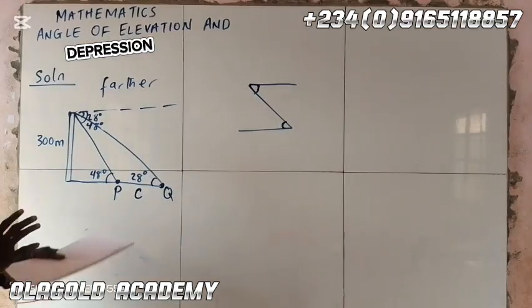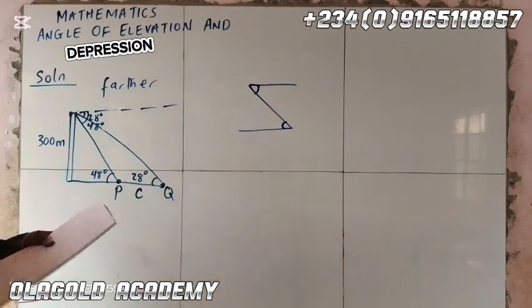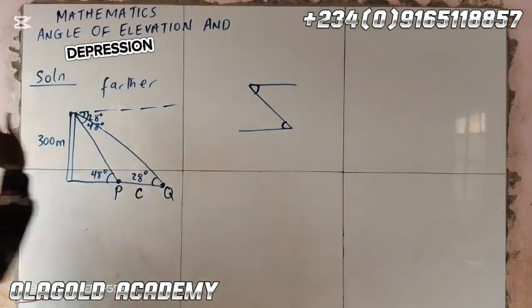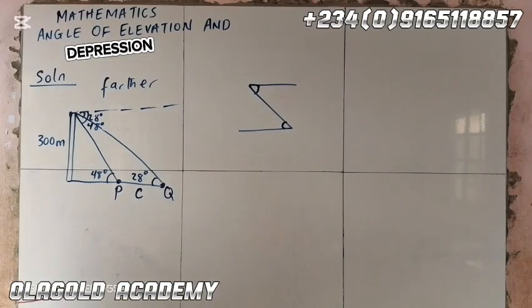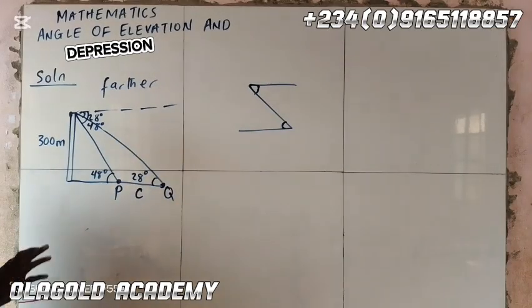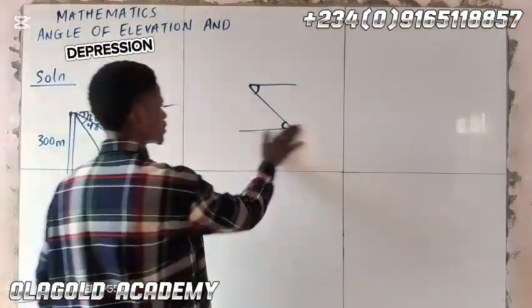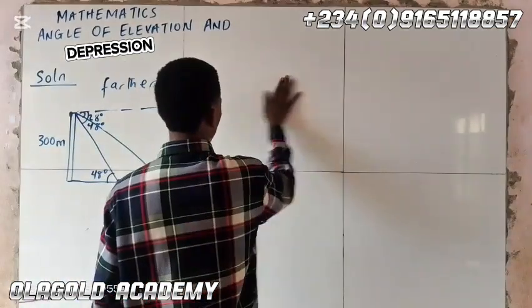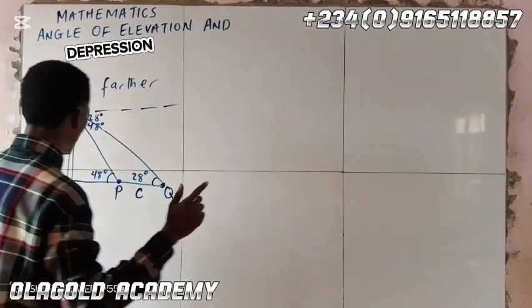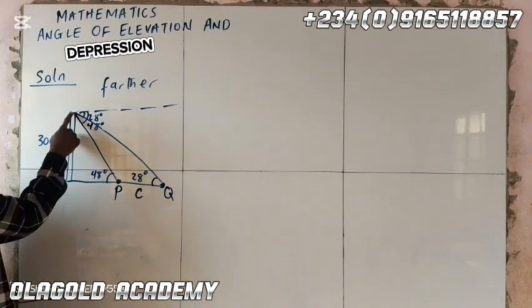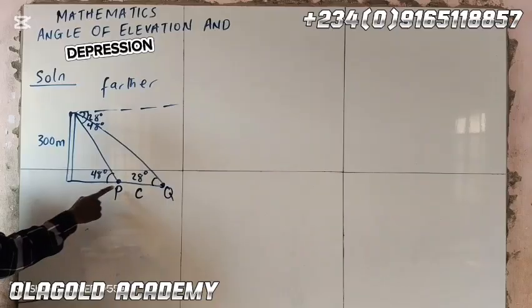And the question says that calculate the distance between the two cars. That is our next task. Now, how do we find the distance between these two cars here? Very simple. Just follow it step by step. Your first step is to get the distance from here to here.